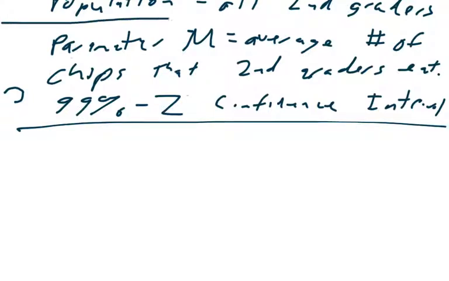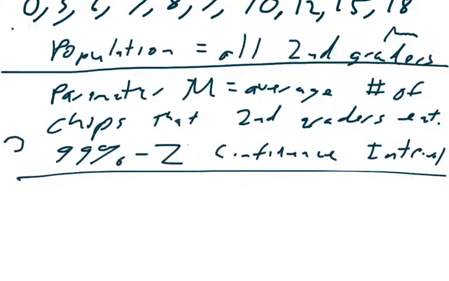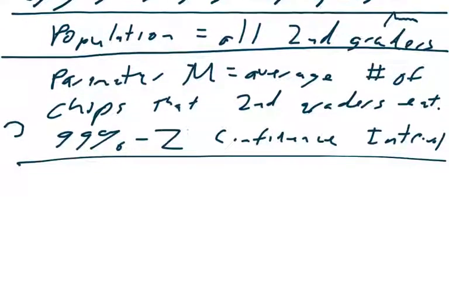That's step number 1, to name our parameter and our population. Number 1 is done.